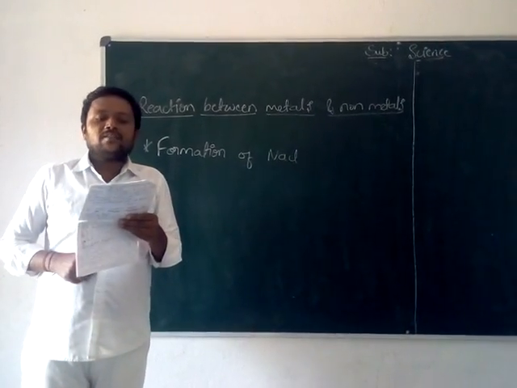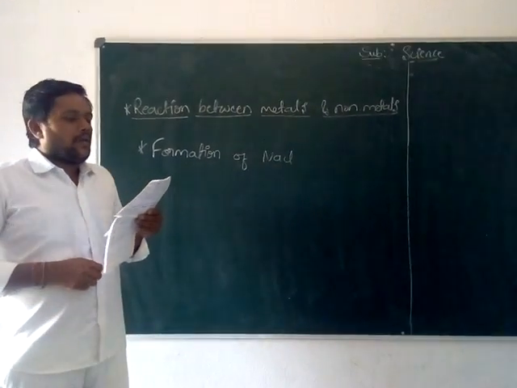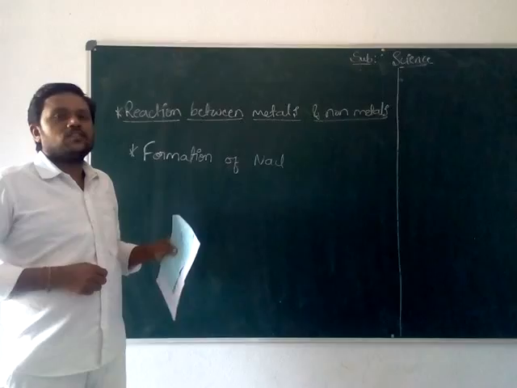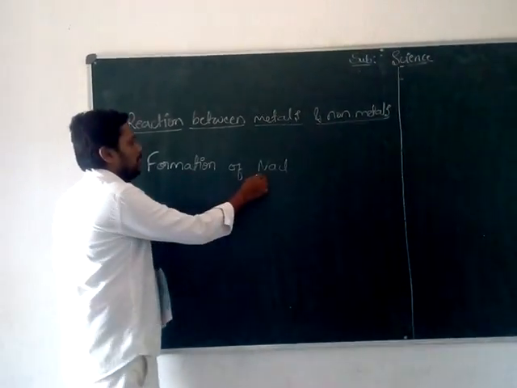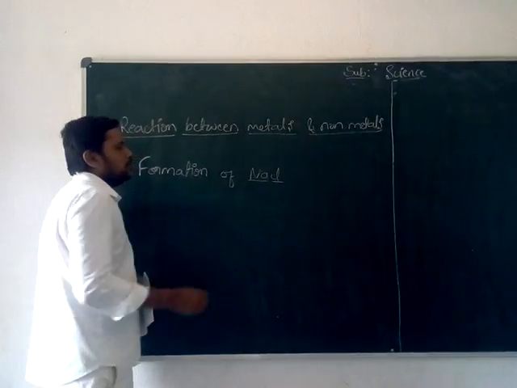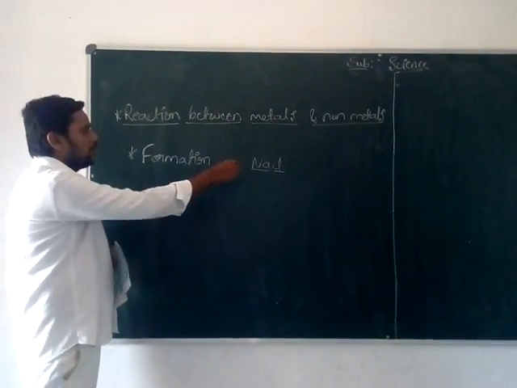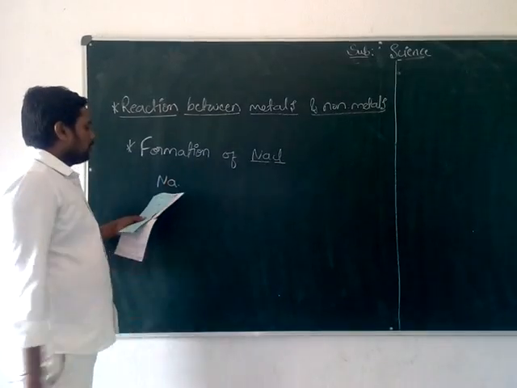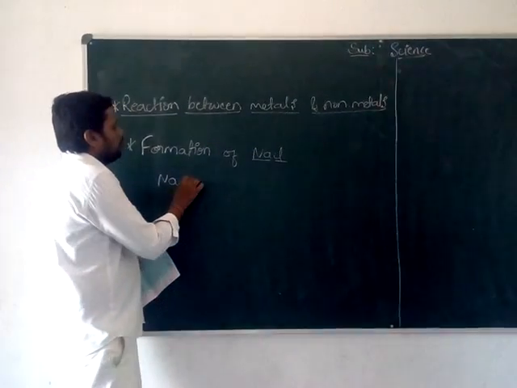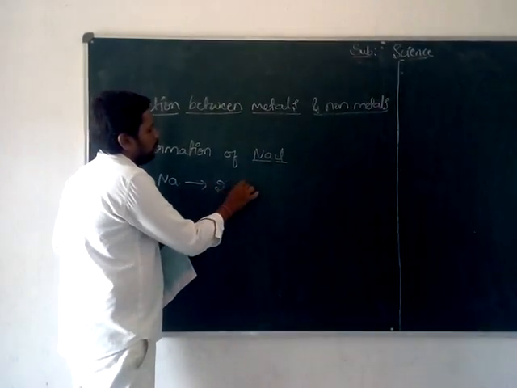The sodium has 1 electron in its outermost shell. When we are writing the electronic configuration of sodium, it is 2, 8, 1.